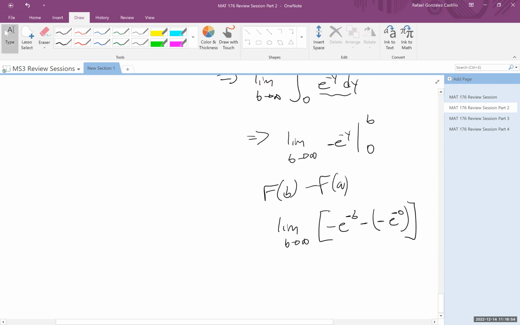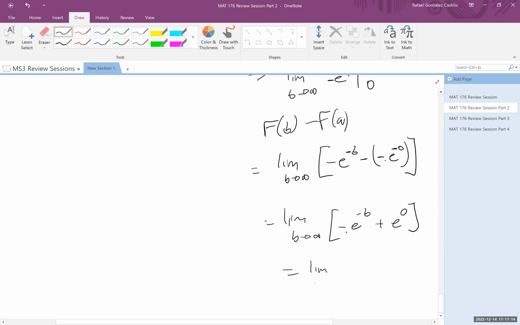Negative e to the minus b, minus and minus is plus, we get plus e to the 0 here. e to the 0 is 1, so we get the limit as b goes to infinity of minus e to the minus b plus 1.